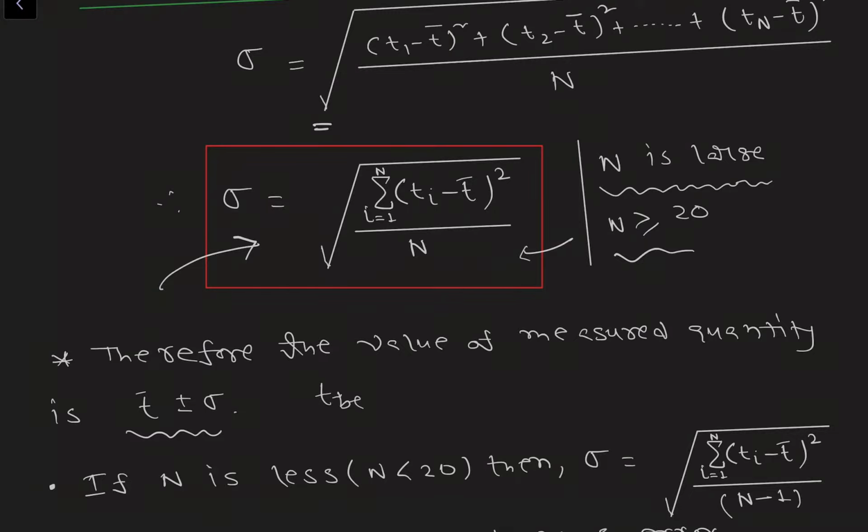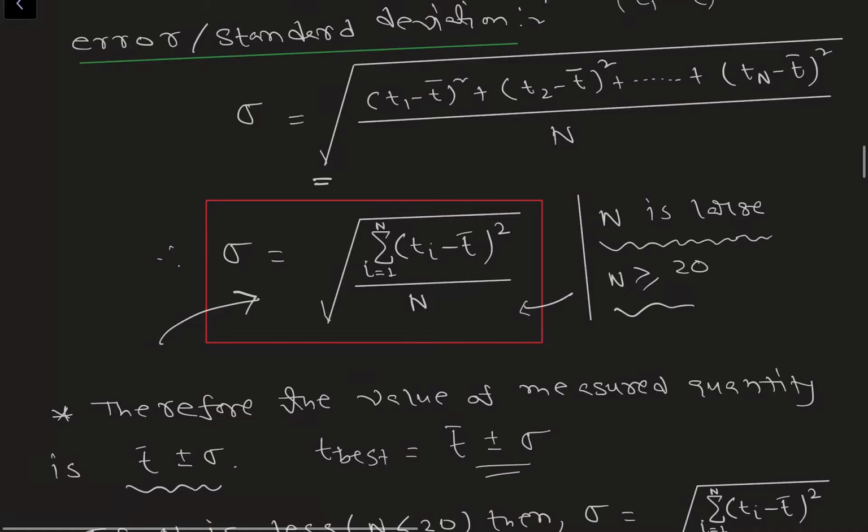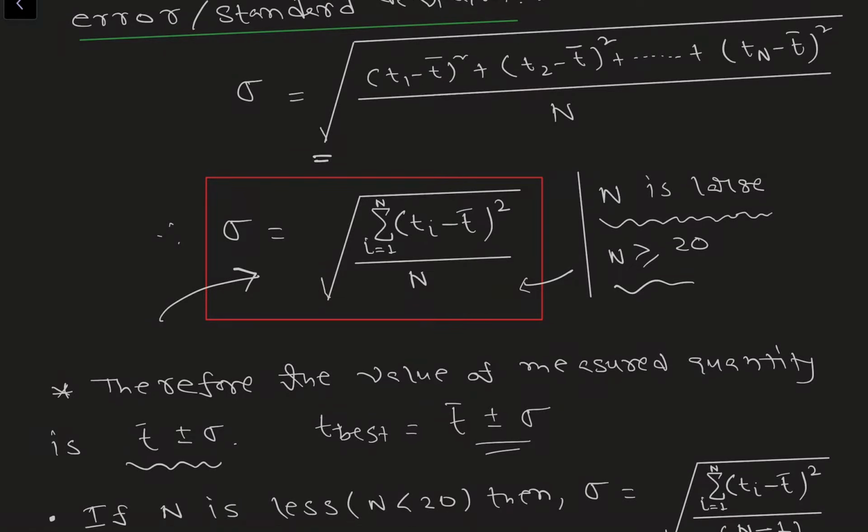So now we can write the best value T best. T can be mass or fall time. It is T average plus or minus sigma. Here we call sigma the standard deviation because of statistical naming.